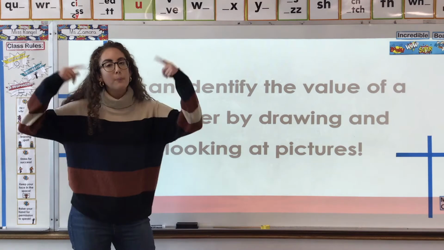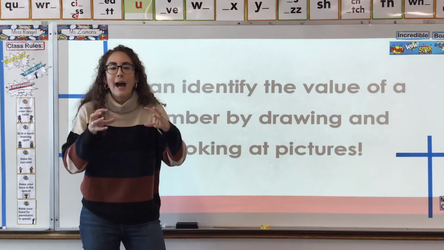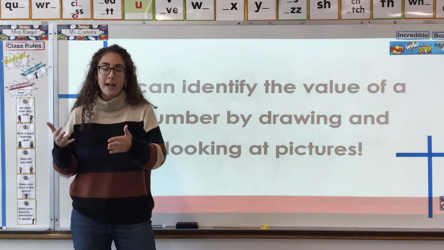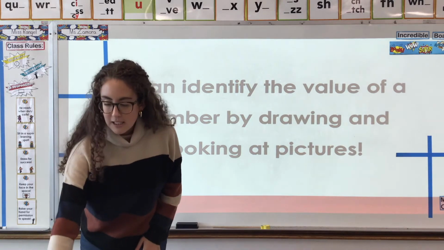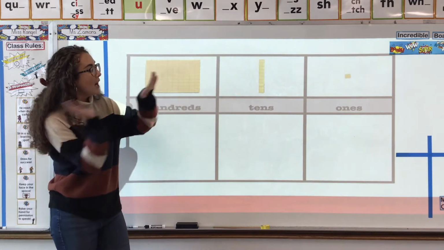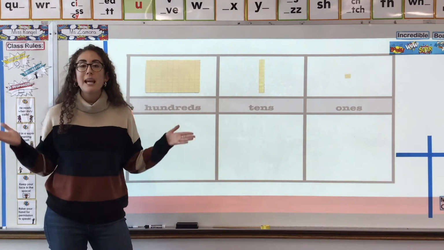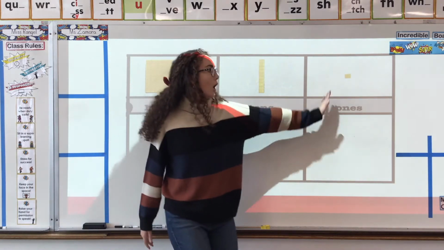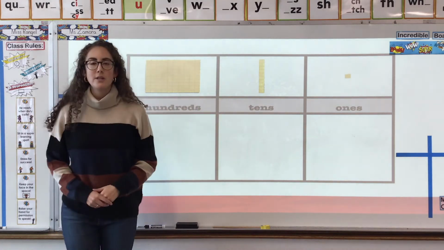So we are going to up our place value knowledge today by understanding the value of a number through drawing and pictures. Because yesterday we talked about how in 2nd grade we are moving up to 3-digit numbers and therefore 3 place values. Our ones place, our tens place, and our hundreds place.